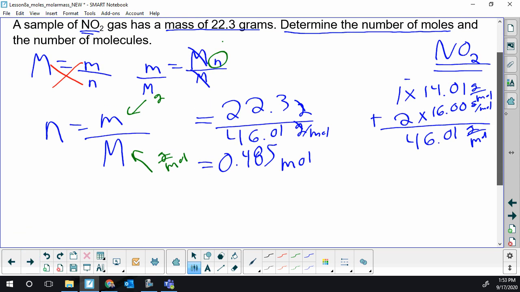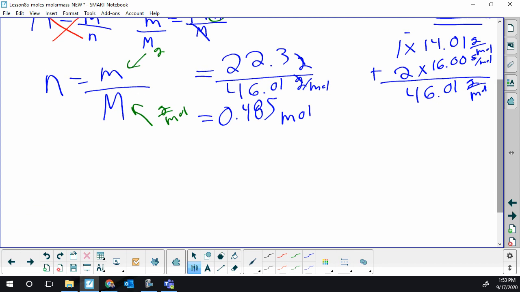Last, figure out how many molecules I have. So I'm going way back to the start.